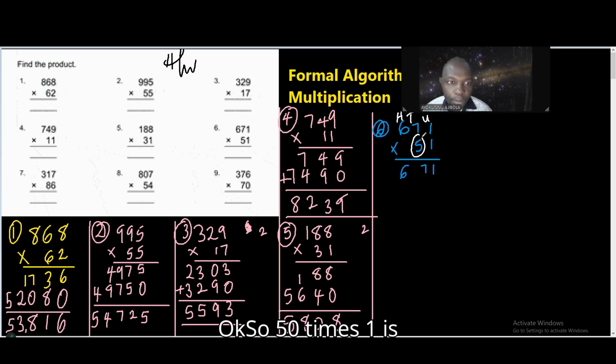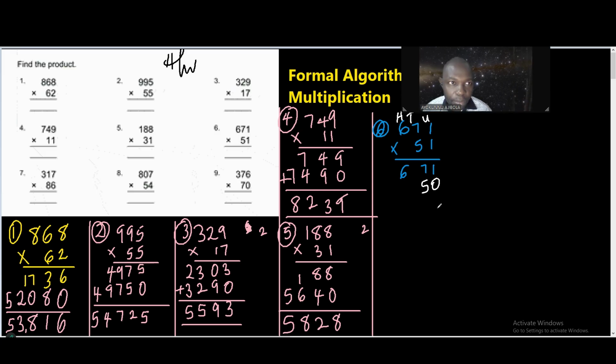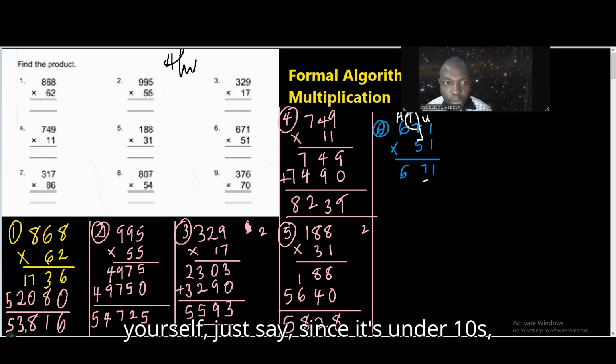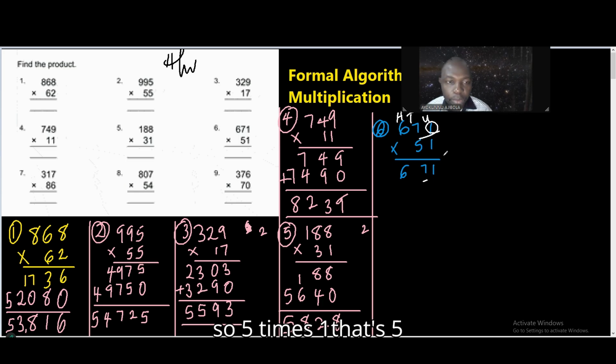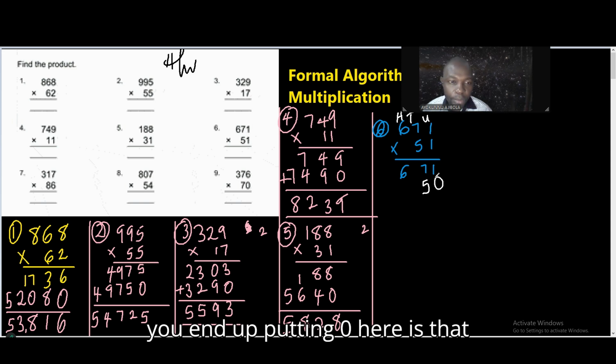So 50 times 1 is 50, yes or no? Yes. So that's why it's going to be 50. But instead of having to confuse yourself, just say, since it's under tens, so 5 times 1, that's 5 under tens, okay? So at the end, you end up putting 0 here.